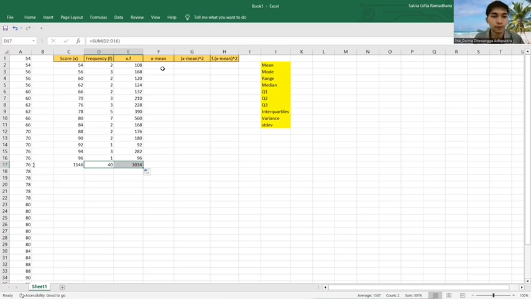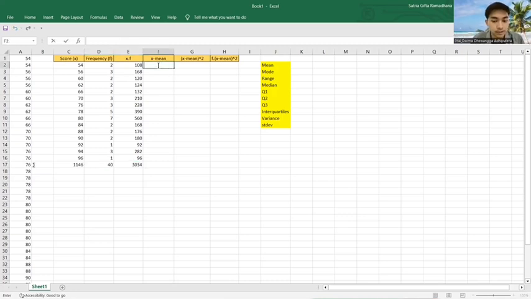Before doing that, we have to find the mean first. How can we find the mean? Mean is the sum of x times f divided by the sum of frequency.